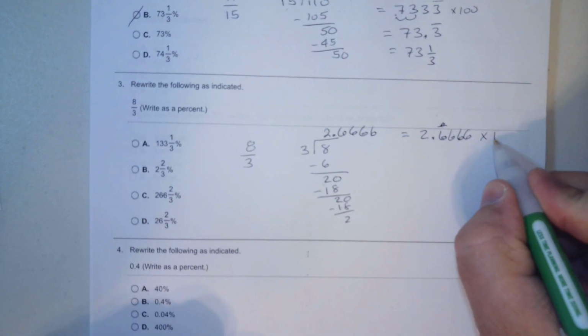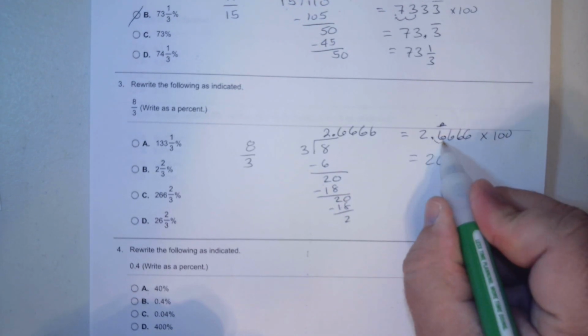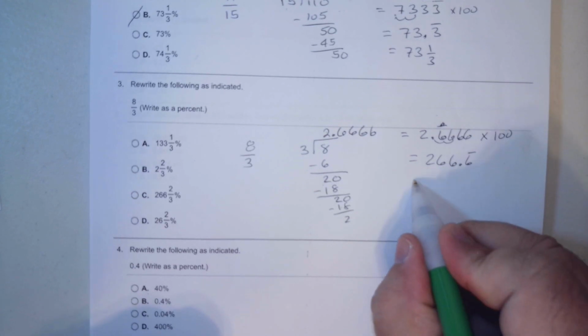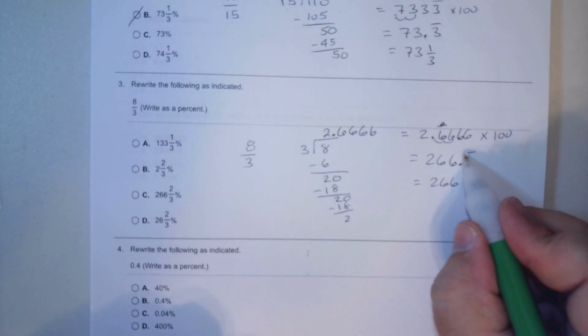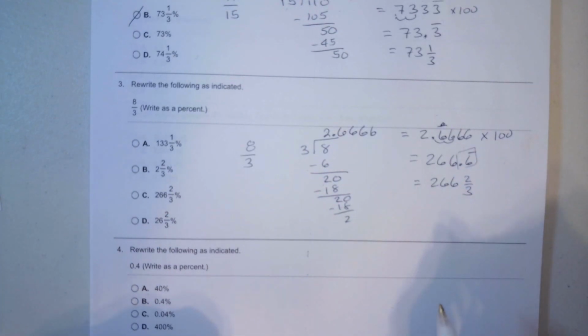That's a decimal, so multiply by 100. I get 266.6666666. 0.666 is the same thing as 2 over 3.